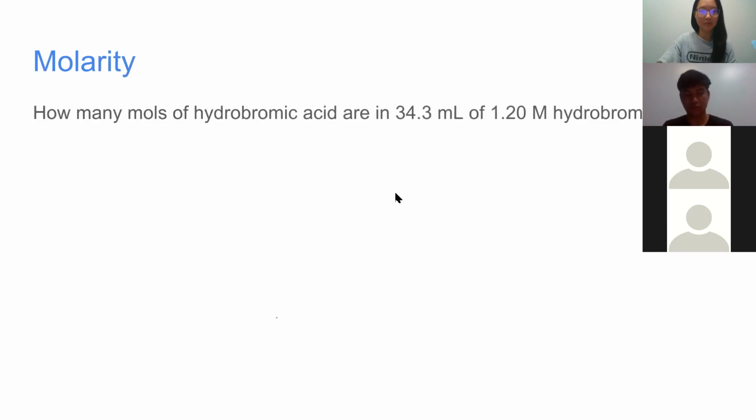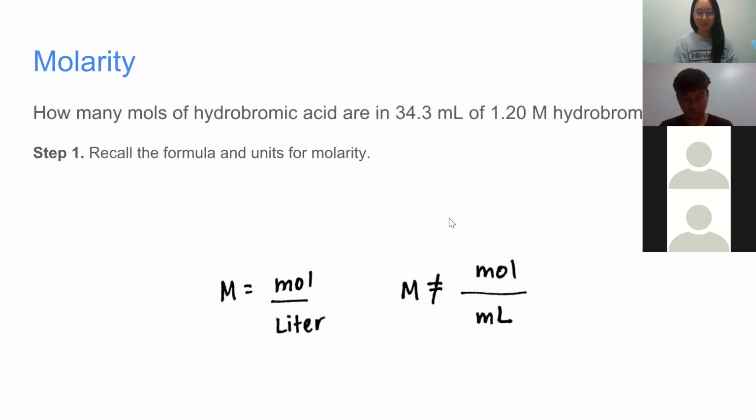Okay, so the first step to solving this problem is to recall the formula that you need to use and know the units for molarity. Since we are given a volume and a molarity, we need to use the molarity formula to solve for the amount of moles. However, there is a problem.